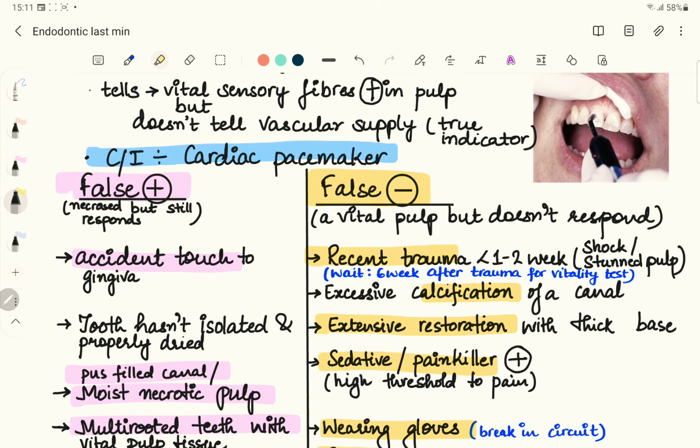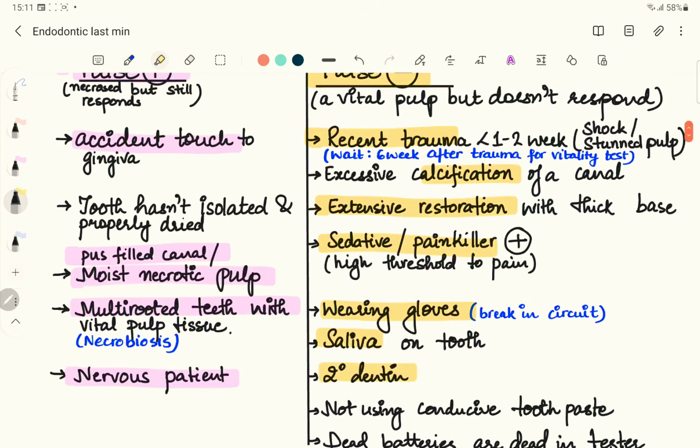Or if the tooth is not isolated properly or dried properly, or in a multi-rooted tooth there is a moist necrotic pulp, or one of the roots has vital pulp tissue while the rest are non-vital, that can be necrobiosis. Also, if there is a pus-filled canal, even though the pulp is necrotic, because of the wet canal it can conduct the electric current.